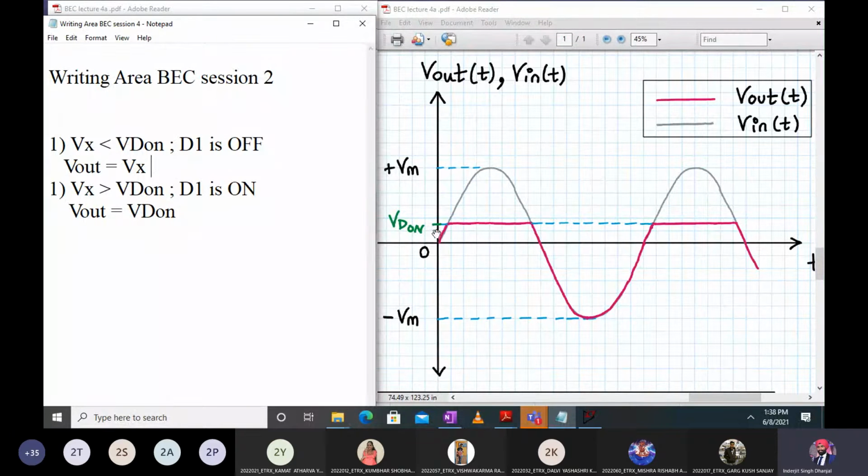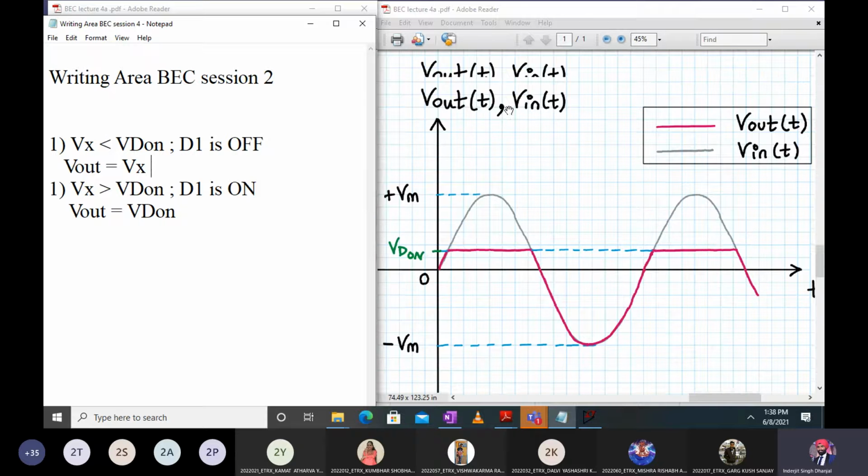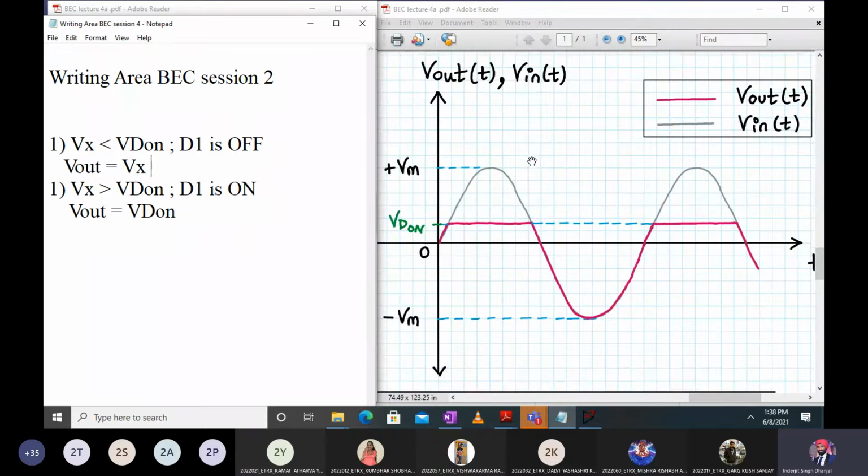So for all the voltages of Vx less than Vd on, the output will follow the input. See over here, this is my negative half cycle. The entire negative half cycle is followed, up till below the Vd on line. Below the Vd on line, my output and input will be the same.